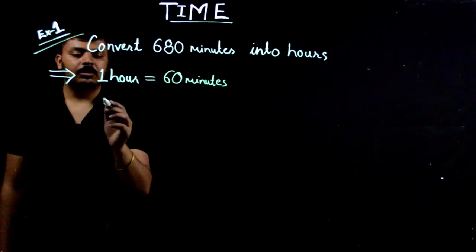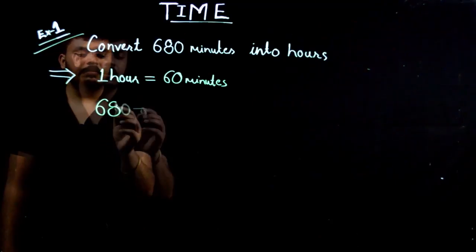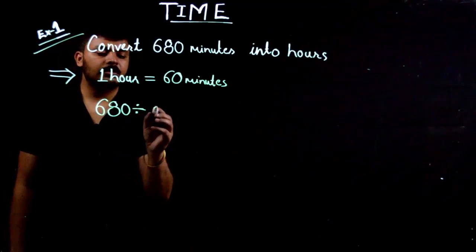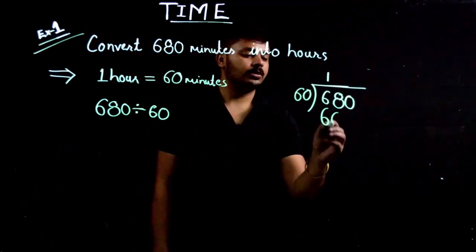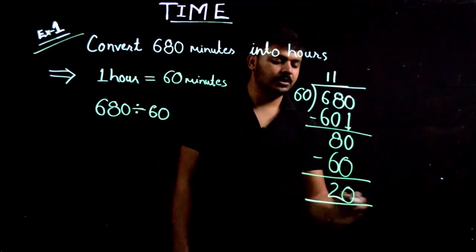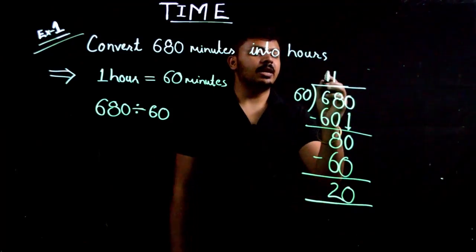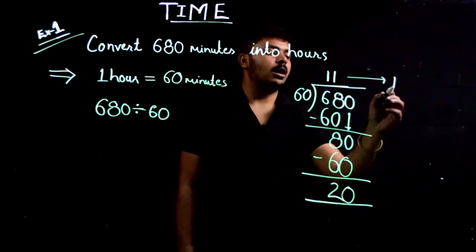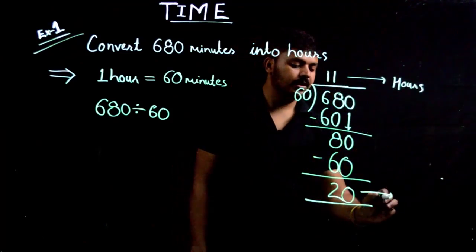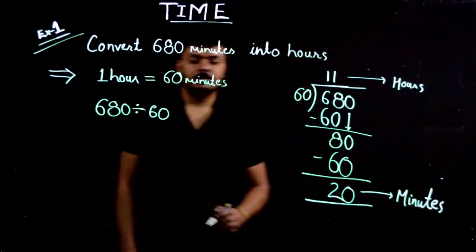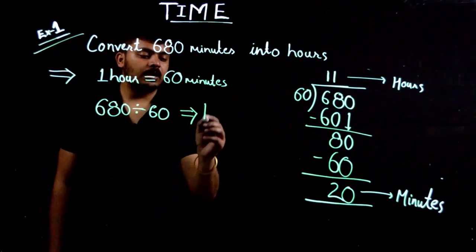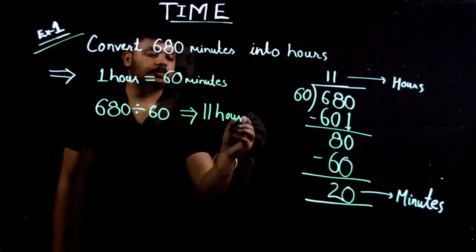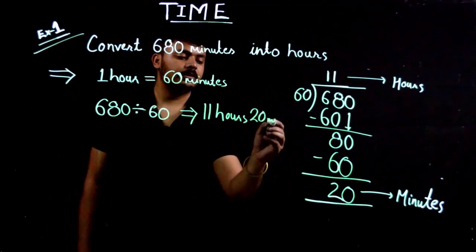So 680 divided by 60, and the remainder is 20. So basically our quotient gives us hours and our remainder gives us minutes. So when we divide 680, we get 11 hours 20 minutes.